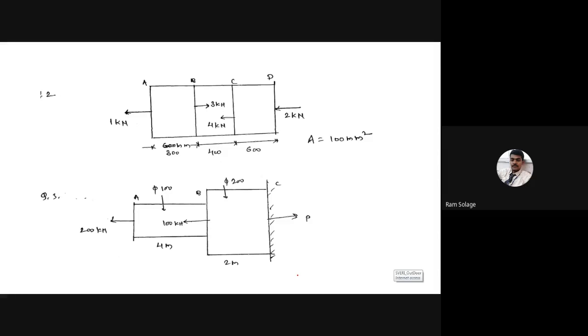Problem number 2. A bar of cross section 100 mm square subjected to forces shown in figure.